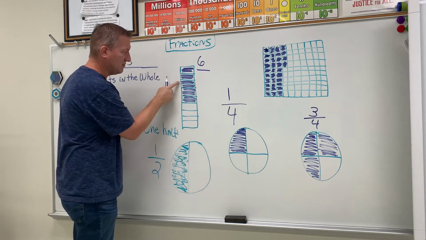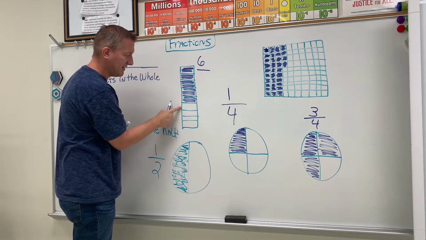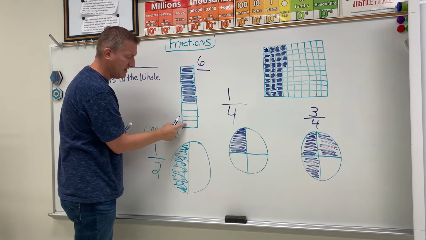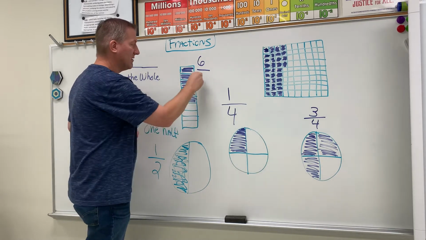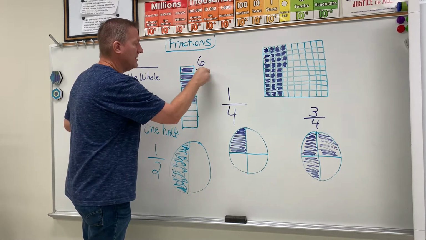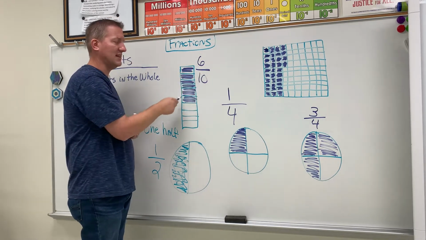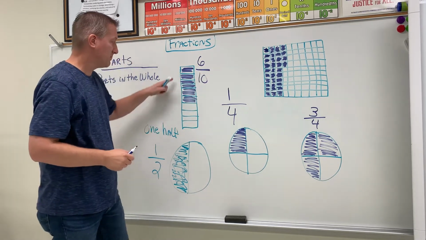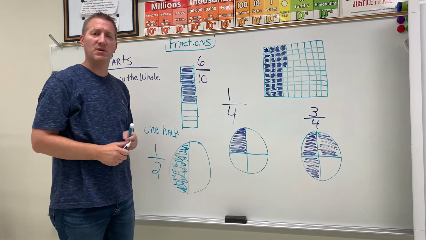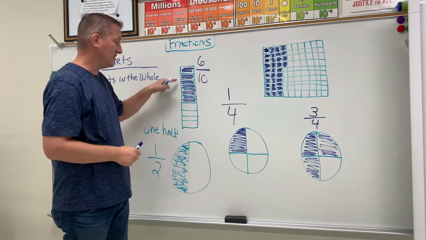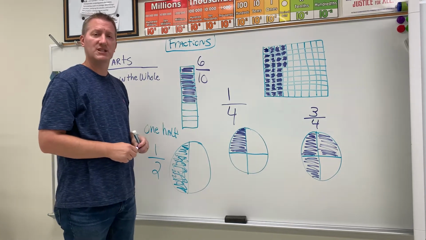Out of 1, 2, 3, 4, 5, 6, 7, 8, 9, 10. Okay, so 6/10. Just like we learned in decimals, there's 6/10 in fractions too.